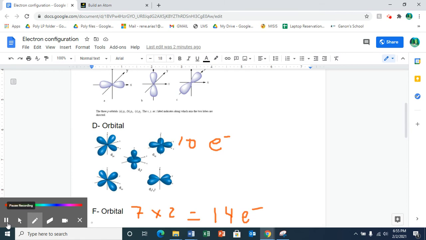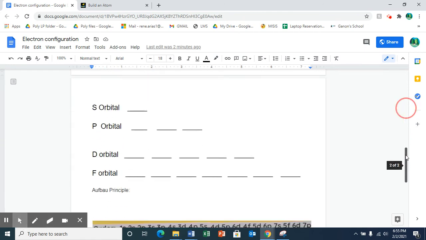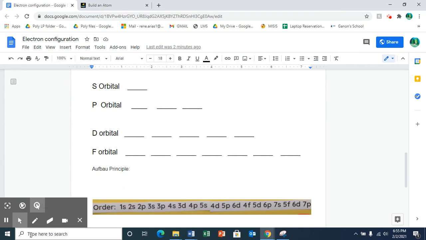And again, orbitals are just where we're most likely to find an electron. They have different shapes. Let's go ahead and clear this. We can have different levels, which we'll go over in a bit. Let's summarize this. My s orbital can hold an up spin and a down spin, so it can hold 2 electrons.